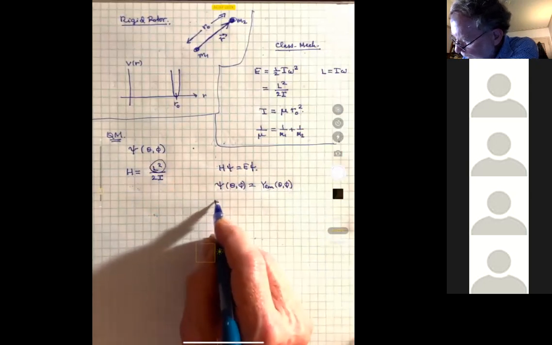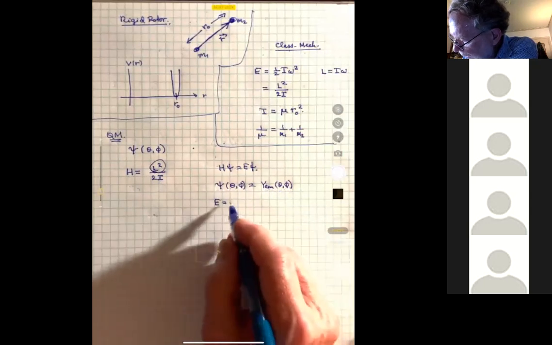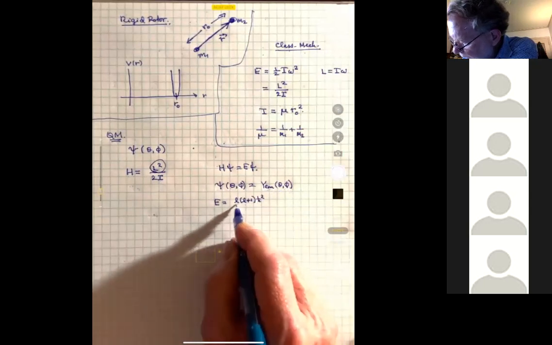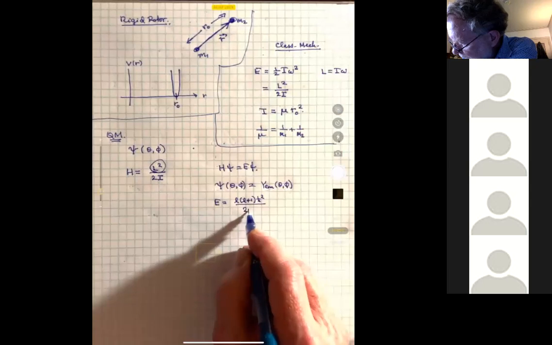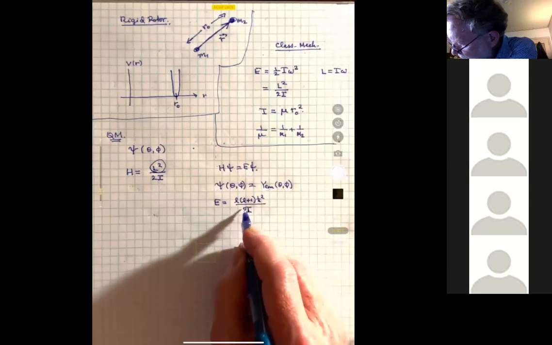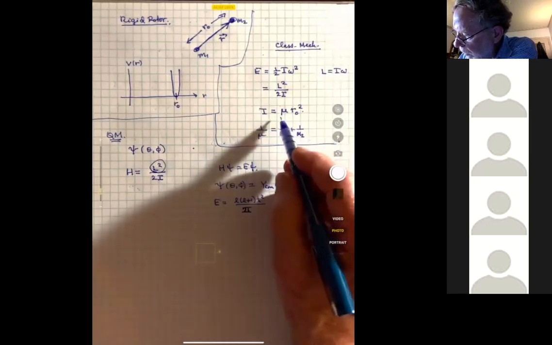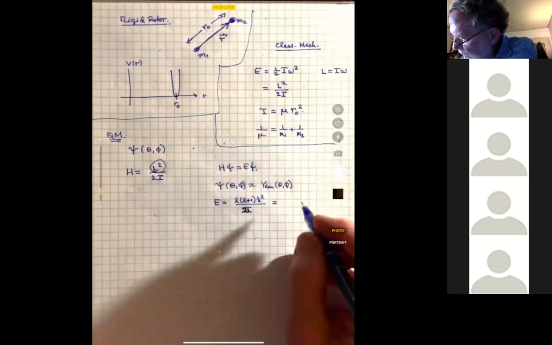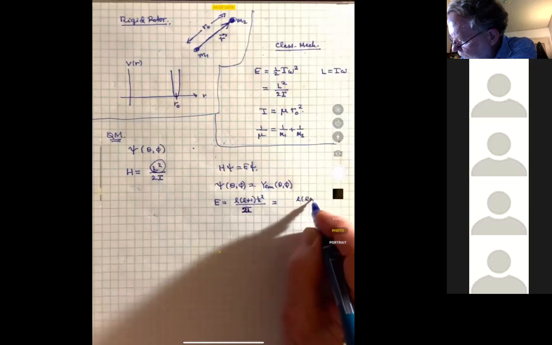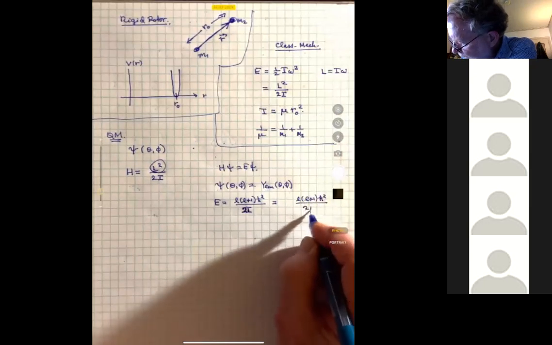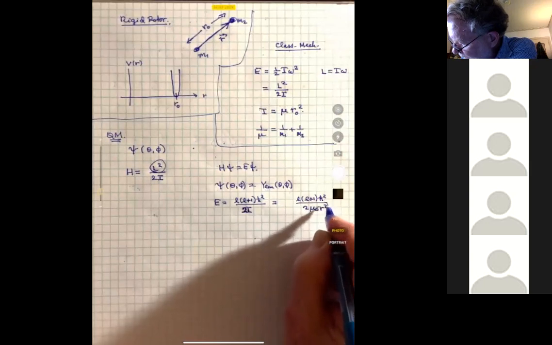And so then the energy is equal to L squared acting on the Y_LM, which brings out the eigenvalue, L times L plus 1 h bar squared over twice the moment of inertia, 2I. For the rigid rotor, the moment of inertia is mu times r0 squared. So it's equal to L times L plus 1 h bar squared divided by 2 mu r0 squared.